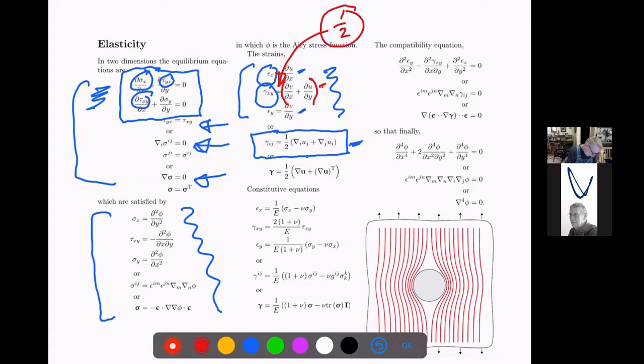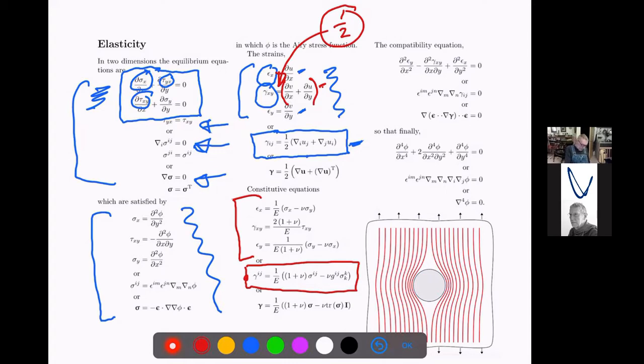We then have constitutive equations which relate strains to stresses. And again, they become simpler here if you use the tensor notation. And this equation, the tensor notation here, applies in both 3 dimensions and 2 dimensions.